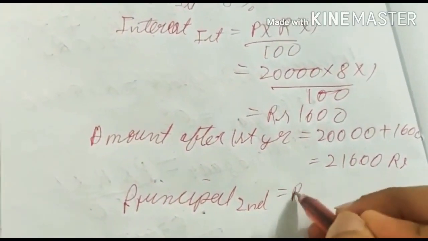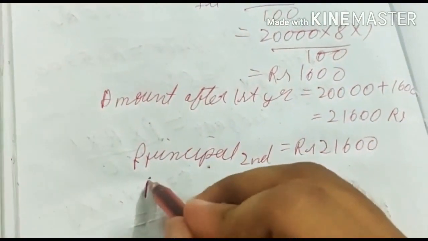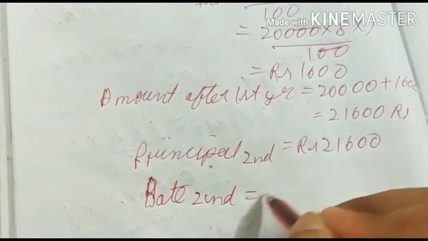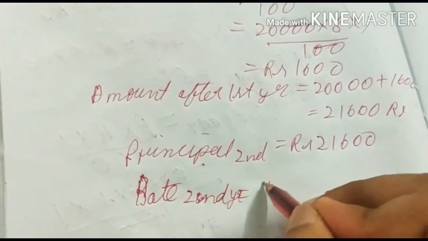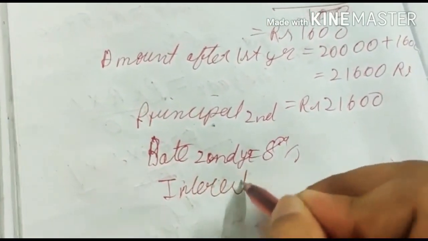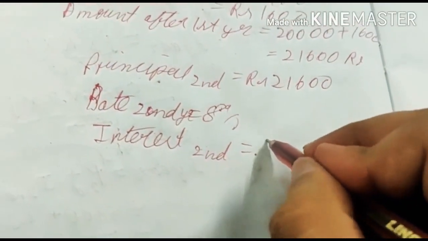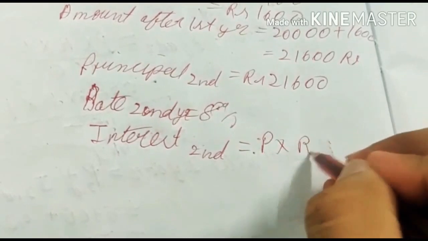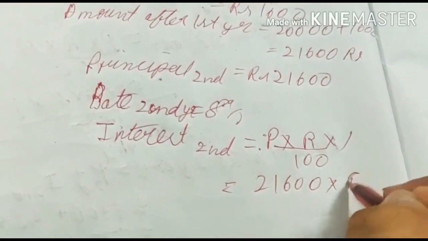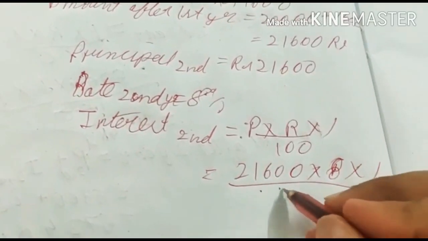So this is principal for second year, rupees 21600. Okay, so rate for second year is 8% itself. So interest for second year will be P into R into 1 upon 100. Here P is 21600 into 8 into 1 upon 100.